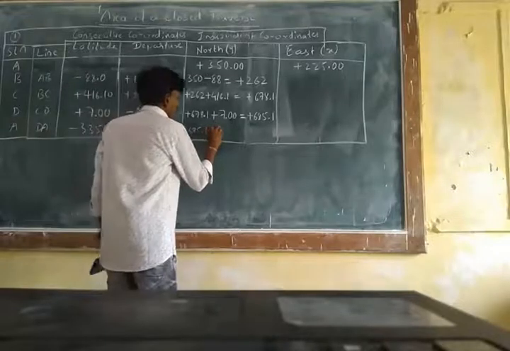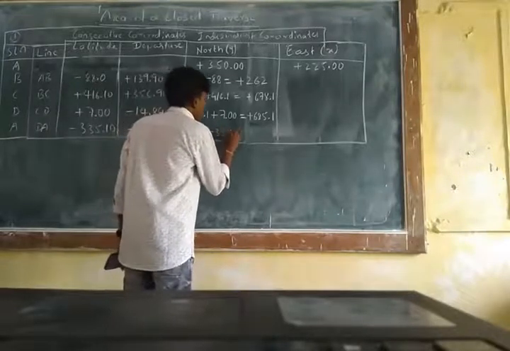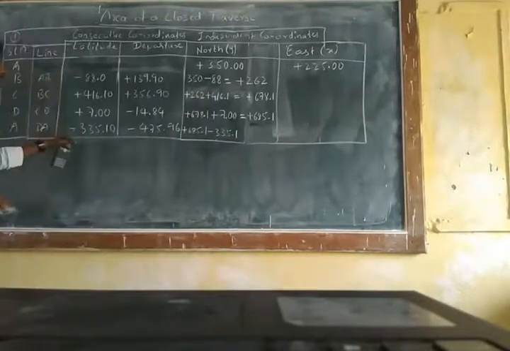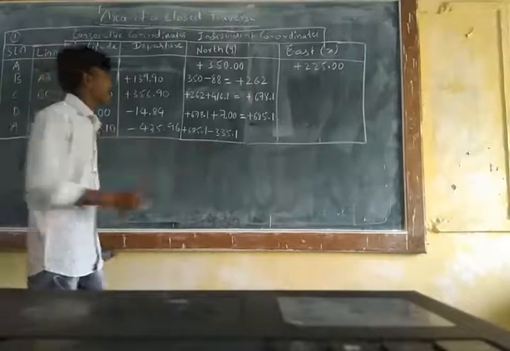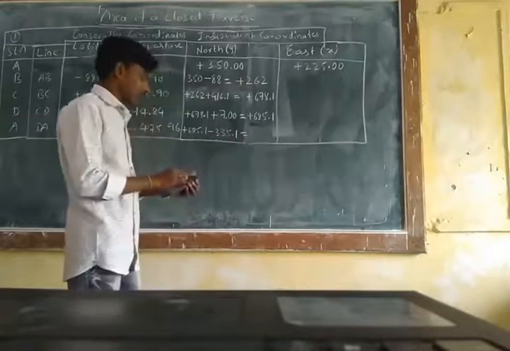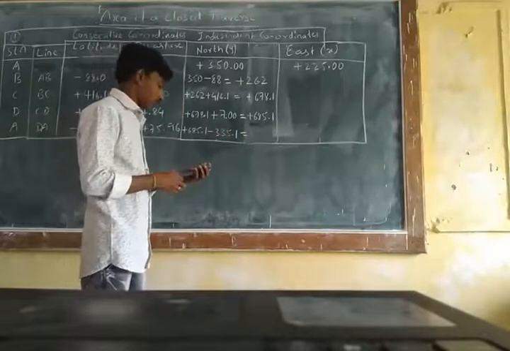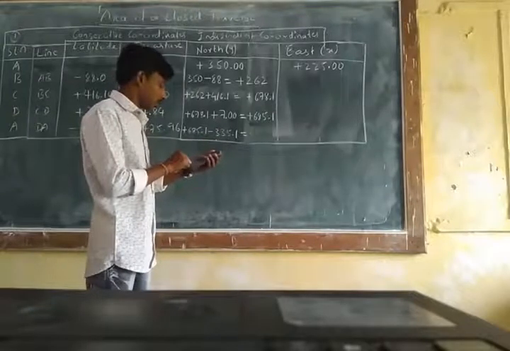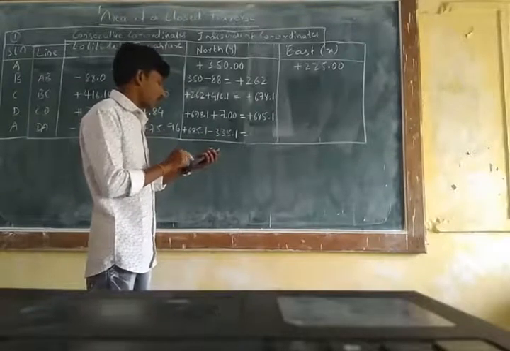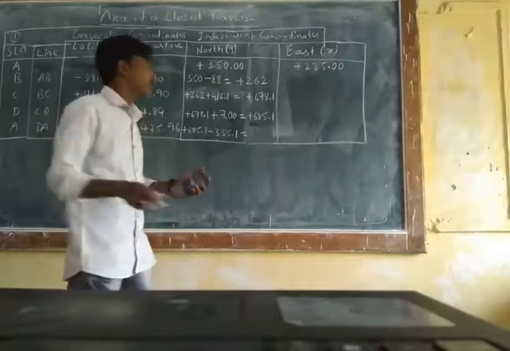So write the same minus 335.1, negative as it is, and the numbers as it is, and you will get the answer. So we got 685.1 minus, we need to deduct 335.1, and we are getting 350.